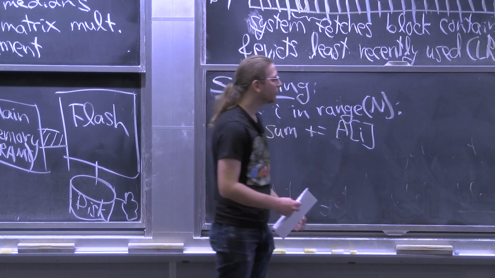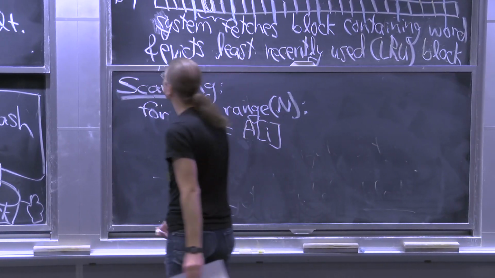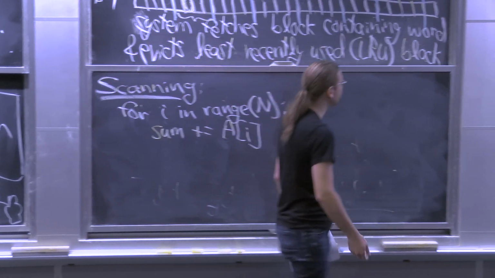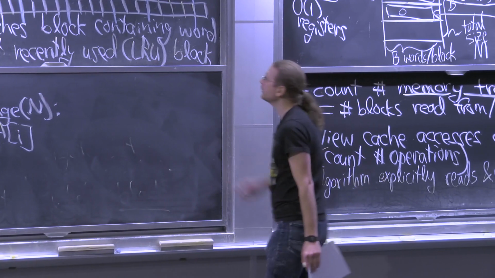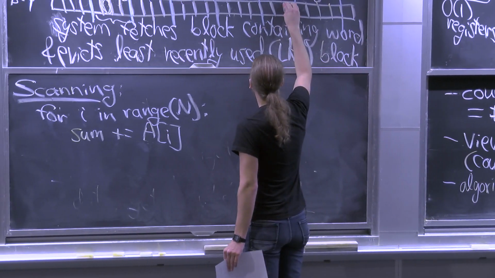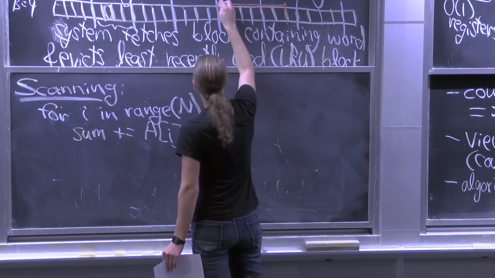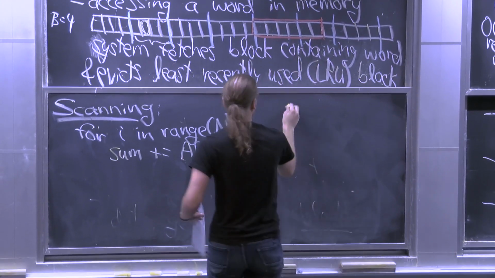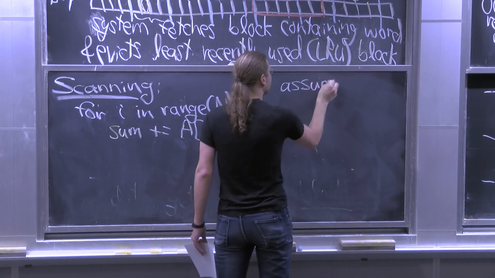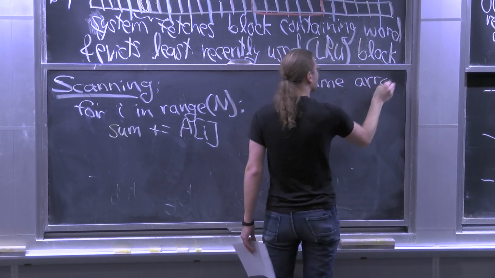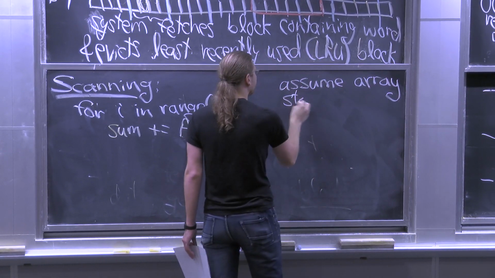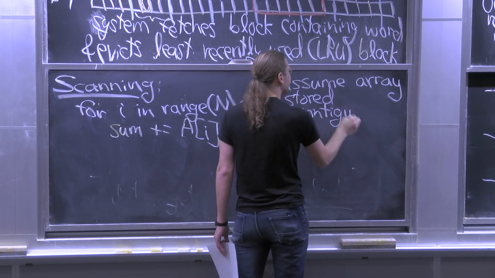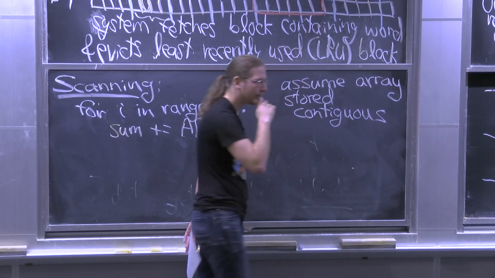Again, an array, we're going to think of it as being stored as some contiguous segment of memory. So this is important. Assume the array is stored contiguously, no holes, relative to how it's mapped onto memory.